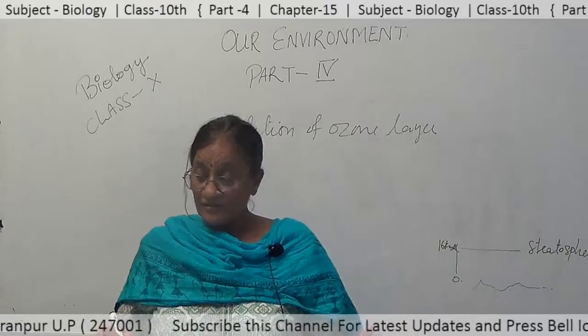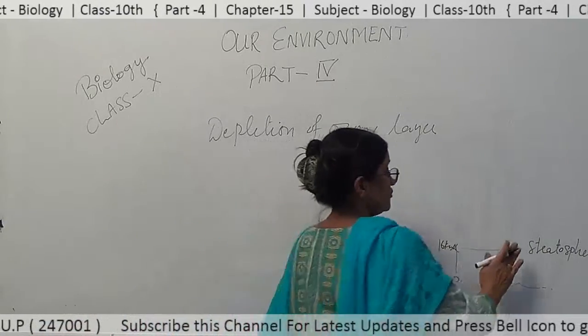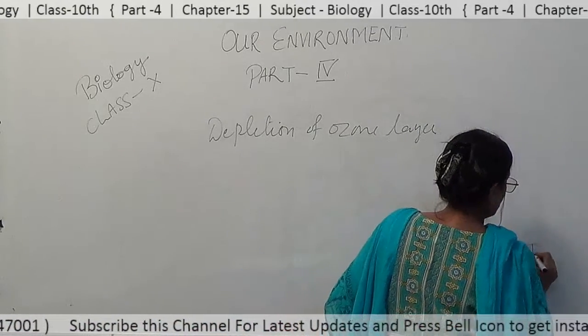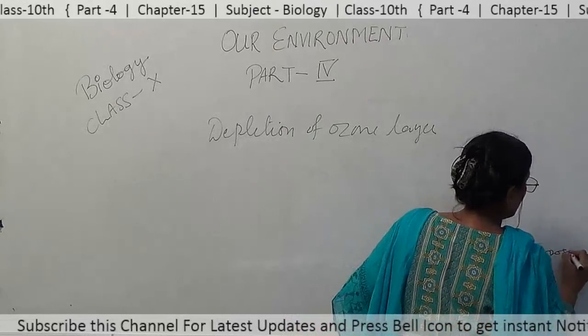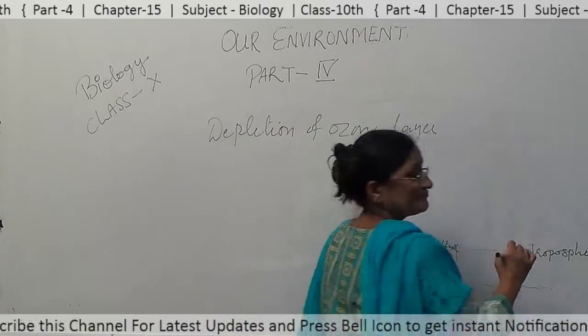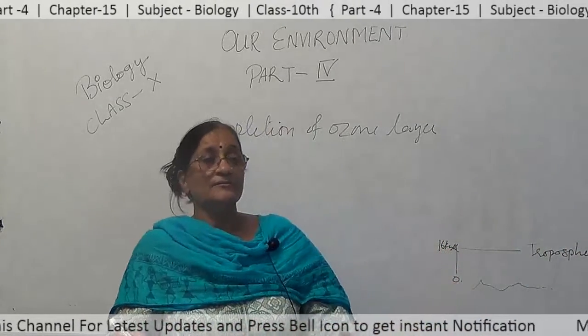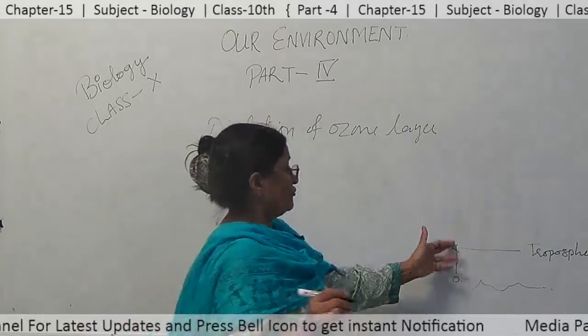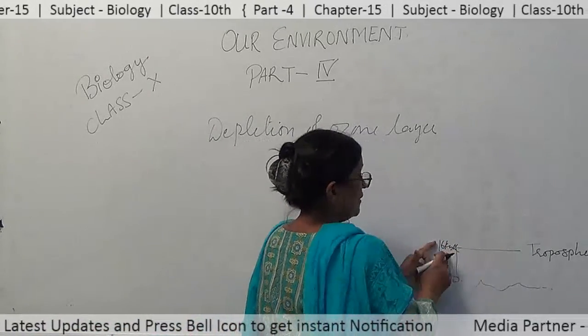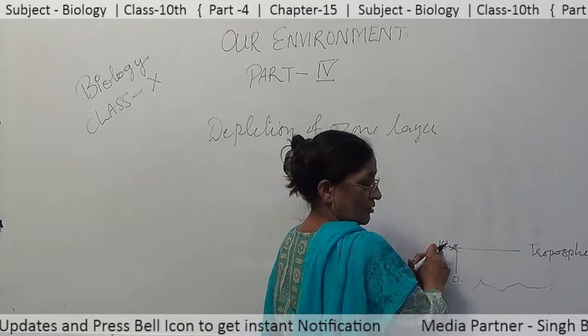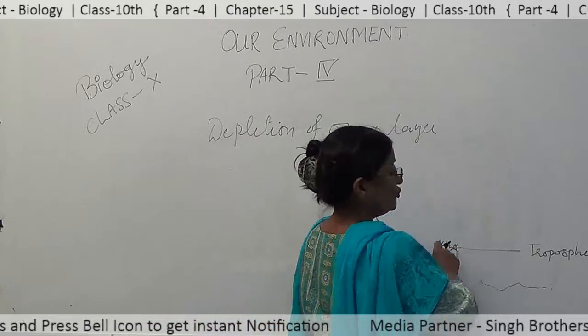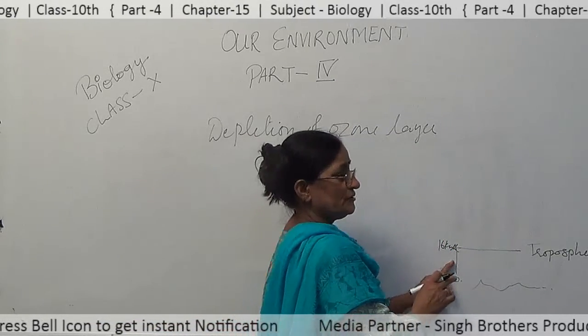We live in the troposphere. The area from sea level, 0 kilometers, to 16 kilometers is the troposphere.